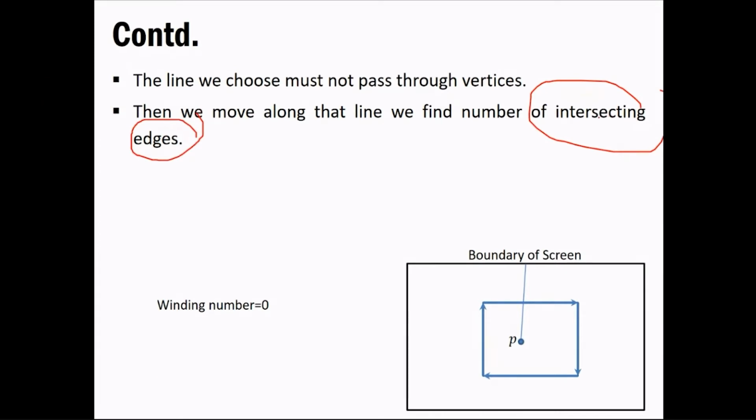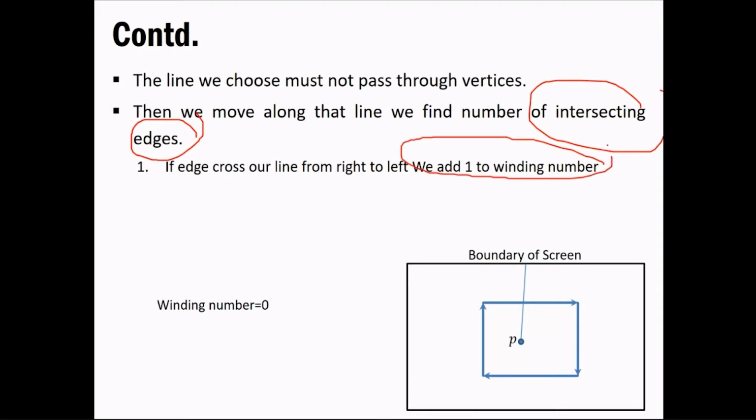You just have to count them, but one thing that changes here is: if an edge crosses our line from right to left, we add 1 to the winding number. Based on the direction the line is going, you have to add 1 to the winding number. In our case, if the edge the line is going through is from right to left, then we add to the winding number.